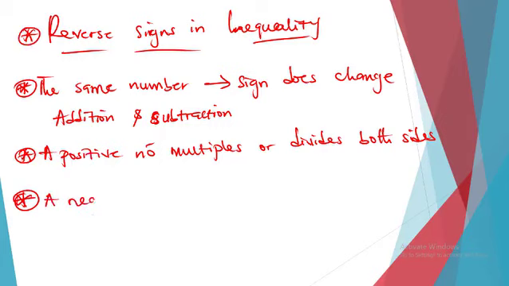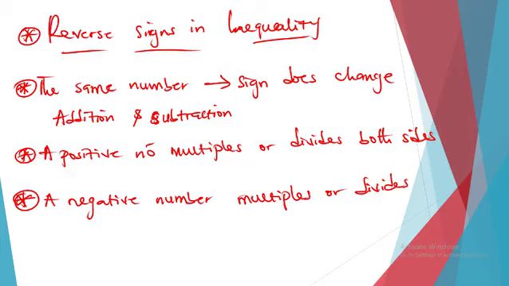When a negative number multiplies or divides an inequality, then the sign changes. If it is less than, it changes to greater than. If it is greater than, it changes to less than. If it is less than or equal to, it changes to greater than or equal to.